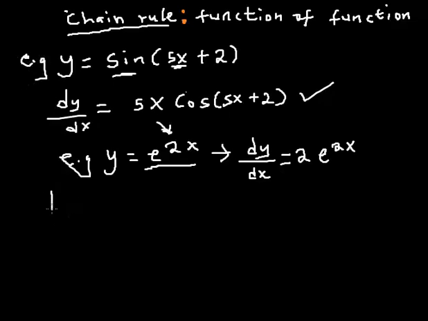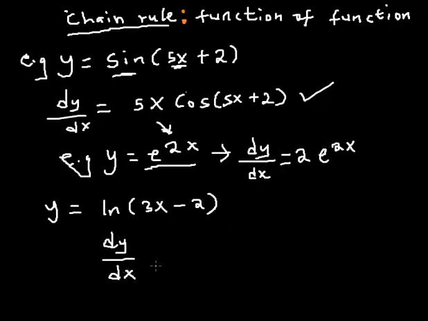Let me give you another function. Let's say you have y equal to ln of 3x minus 2. So let's do this. dy/dx is going to be equal to, first of all, go to the inner function, which is the linear function.